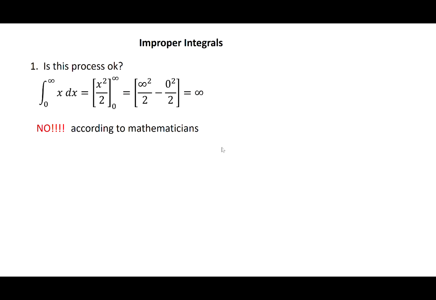Or maybe I'll put it this way: infinity is not a number like you can plug in. So there is no such thing as plug infinity. When x equals infinity, there is no such thing as x being equal to infinity.